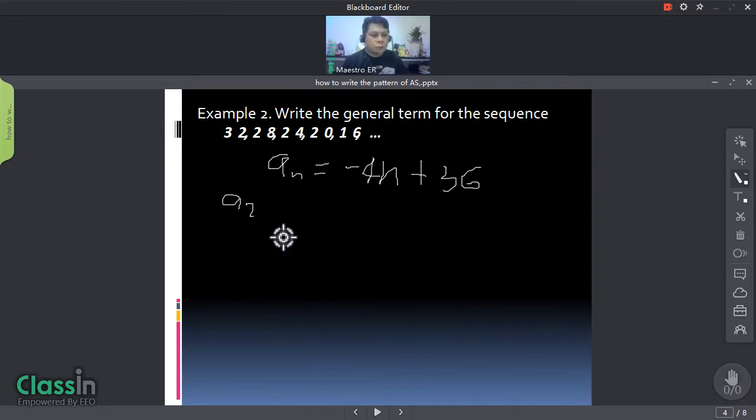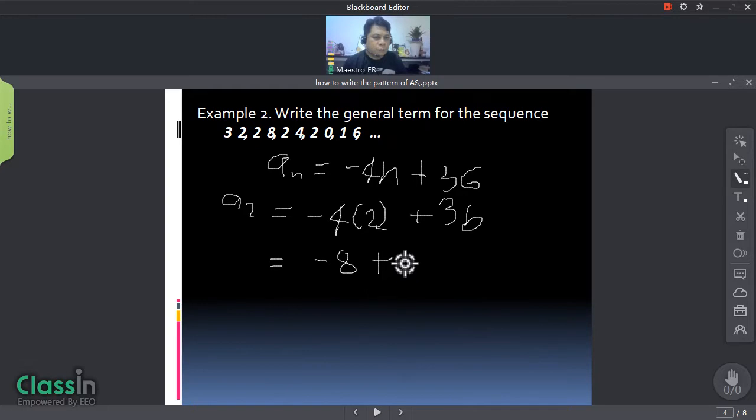So your a sub 2 now is equals to, substitute 2 to n, so negative 4 times 2 plus 36. Okay. So your a sub 2 now is equals to negative 8 plus 36 is equal to 28. So it will satisfy to the second term 28.